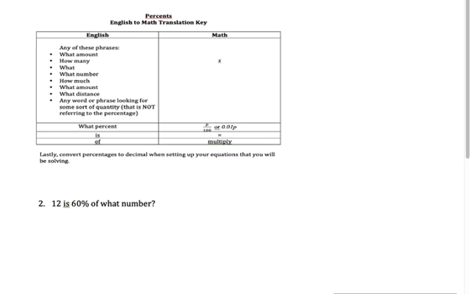It says 12 is 60% of what number? All right, let's translate this. 12, the word is, equals. 60% in decimal form is going to be 0.6, right? It's 60 over 100, which is the same thing as 0.6.